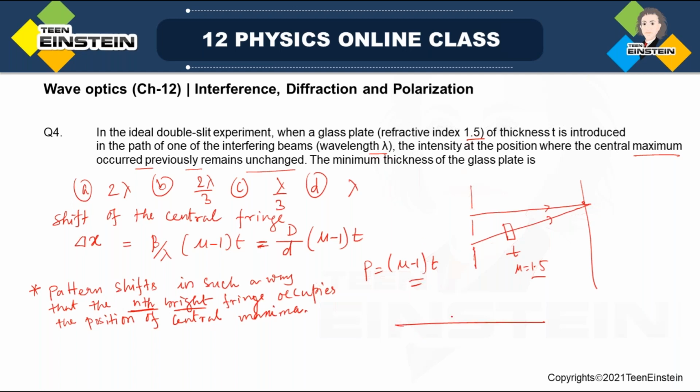I think I should draw the intensity pattern. If you remember, the intensity pattern does not have decreasing or increasing intensity. In case of interference, whether it is the central fringe or some other fringe, the intensity remains the same.